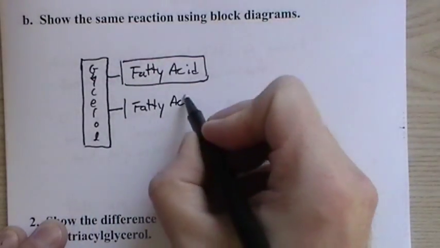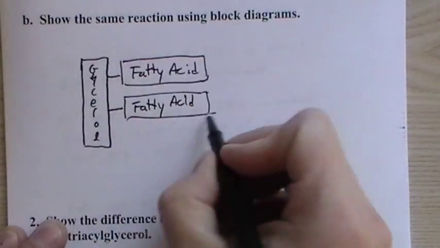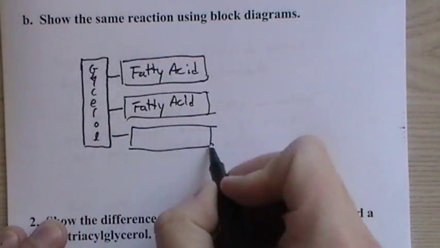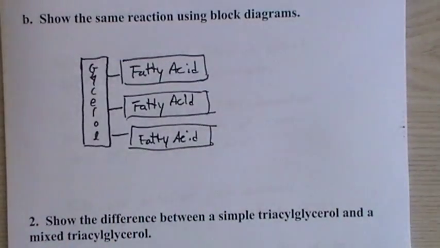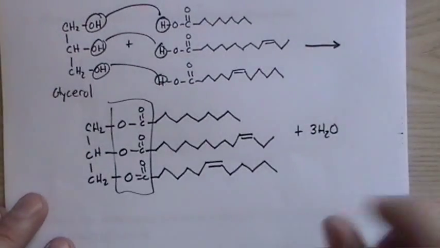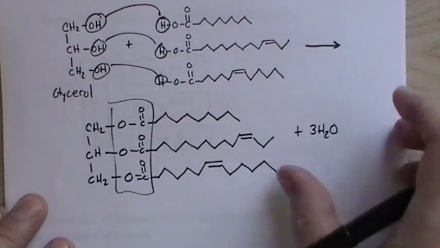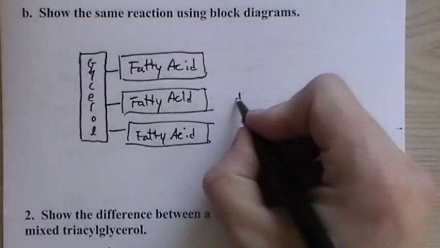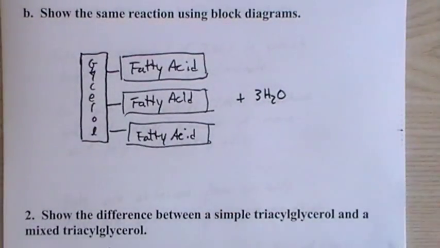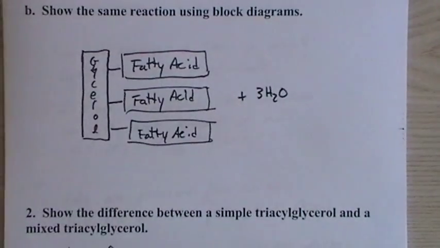That's no problem. But if you just want the general form, you could do this. But since each of these fatty acids that I have here has either a common name or a structure that we could easily name, you could certainly put that in here too, but I'm just showing you the block diagrams for now.